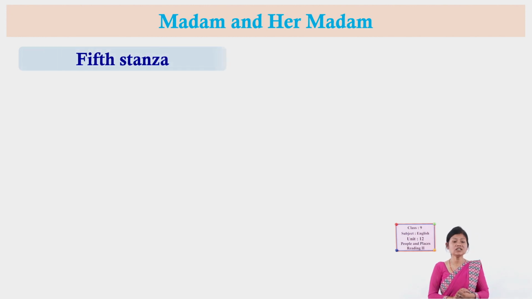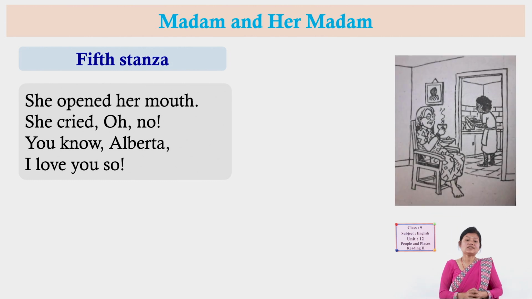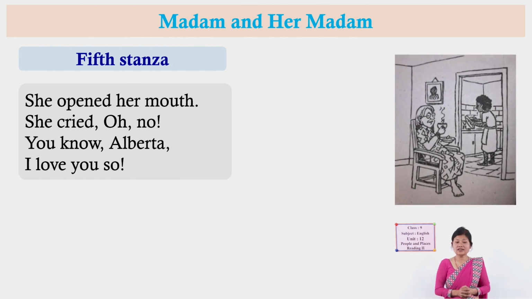Now the fifth stanza. She opened her mouth, she cried, Oh no, you know, Alberta, I love you so. So, who might have said this? Can you guess, dear students? She opened her mouth here indicates the madam, that means the house owner. And how did she reply? Oh no, you know, Alberta. Alberta is the name of the servant here.